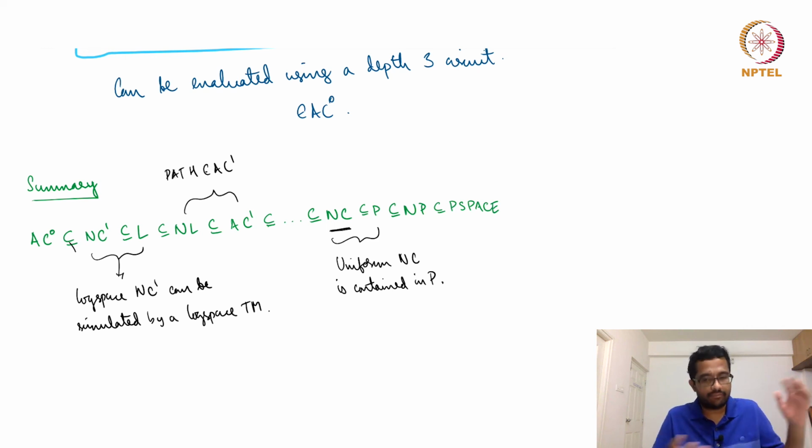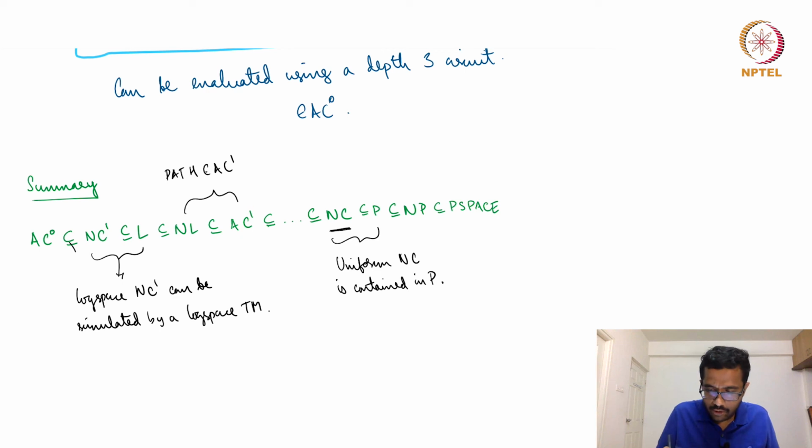You cannot generate any circuit using a log space machine, because we have other constraints about the depth being log n to some power. So it's only a containment, it's not an equality.